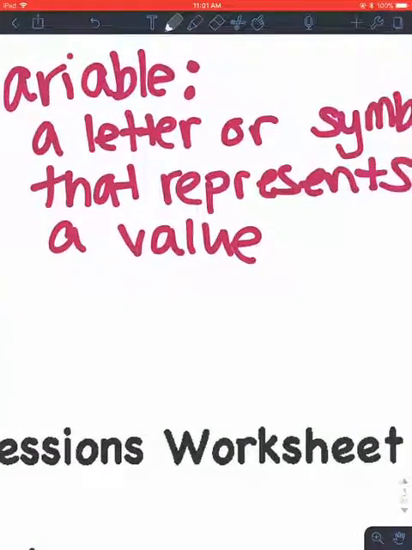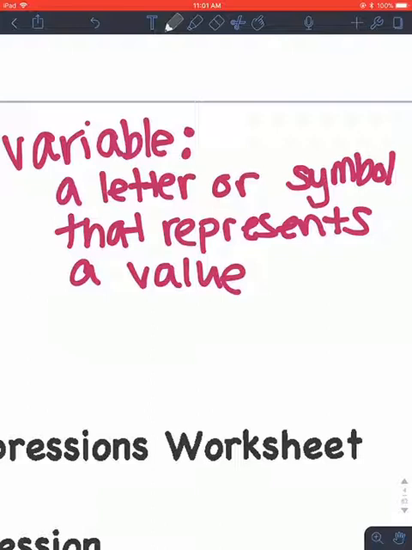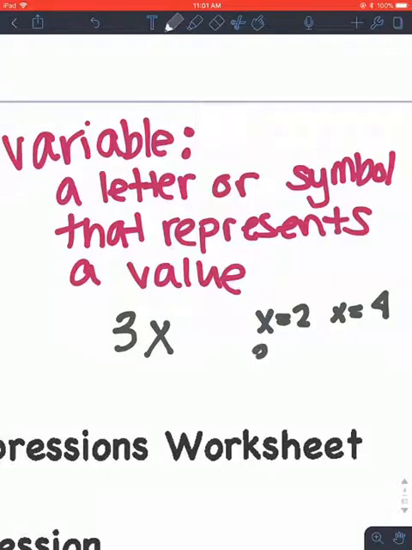And a variable is just the opposite of that. A variable is a letter or symbol that represents a value. So when you have something like x, it's not constant because sometimes x is equal to 2 and other times x is equal to 4. When we make the expression more complicated, such as 3x, we're saying that when x equals 2, 3 times 2 is 6.